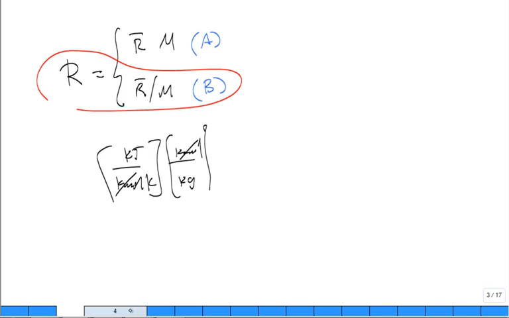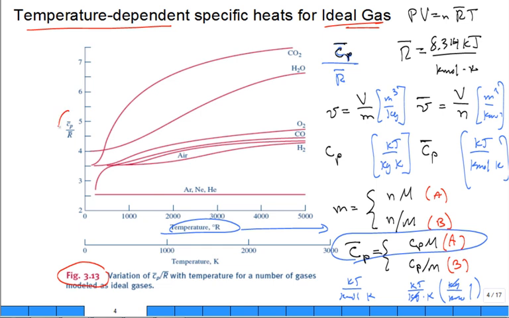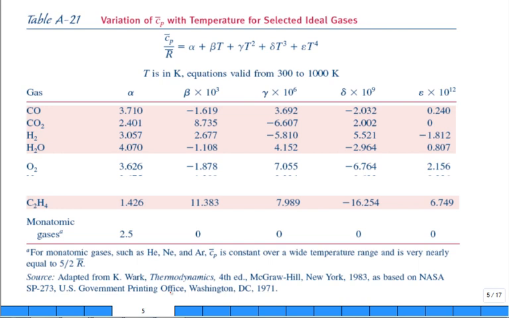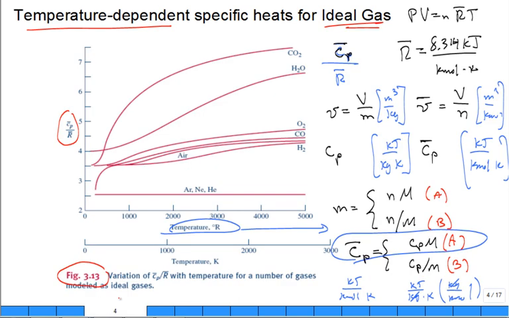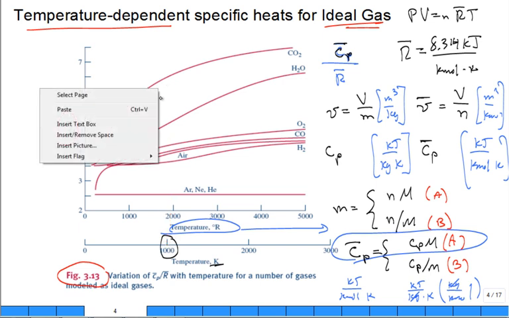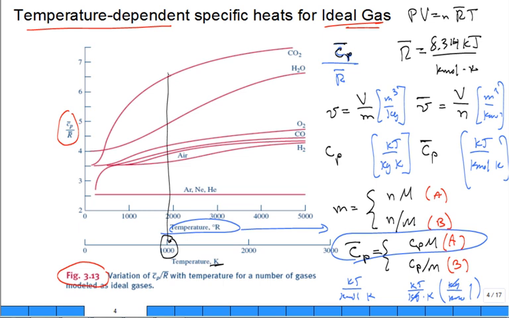So let's take a look here. We understand now more of what's on this axis. What's on that axis? Specific heat, constant pressure. If somebody says, I want to go out at this temperature right here, 1,000 Kelvin, and I want to do it for carbon dioxide, I would read off a value of 6.5. I'm not going to be that accurate, okay?